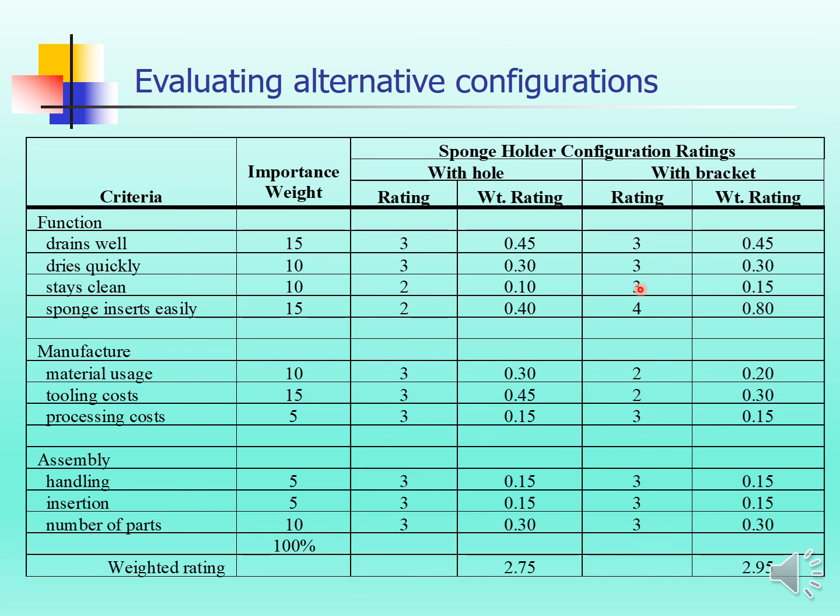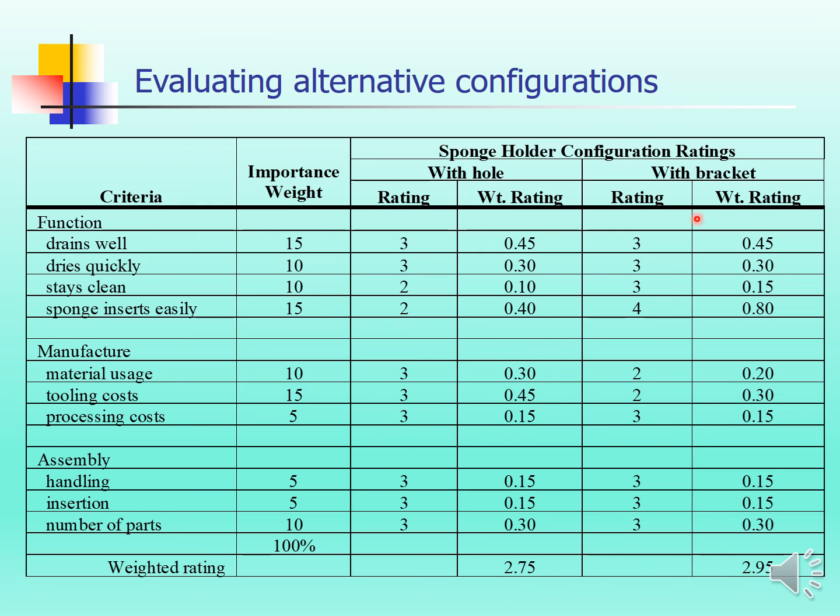And the sponge inserts easily is 2 and 4, where 4 means the highest ease. How do we get this number? It is 50% times 3, and you get 0.45. The same applies for the others. Continue putting the rating for both the hole and the bracket, and finally we sum all of this.